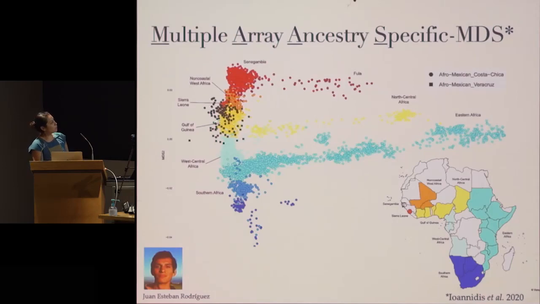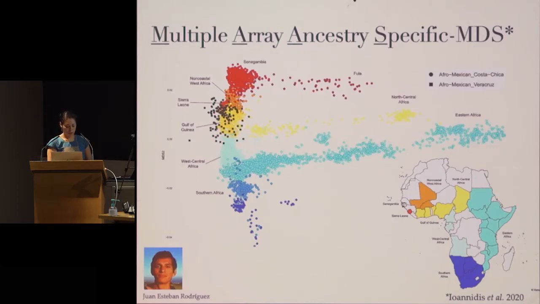But what we showed in this was by taking just the green segments of Afro-Mexicans from Veracruz and Costa Chica and overlapping them with the reference populations from Africa. In circles you have the Costa Chica, and in squares the ones from Veracruz. So here you could also see that they cluster separately.